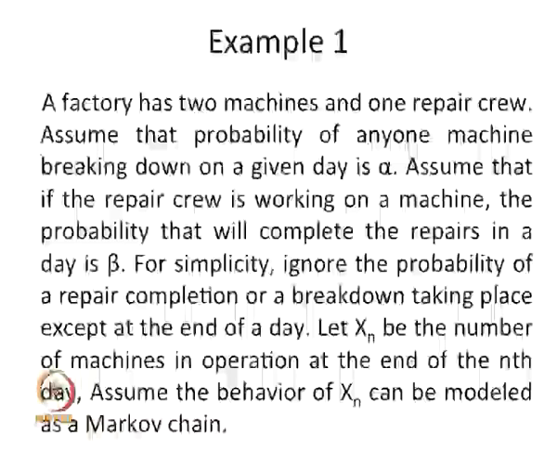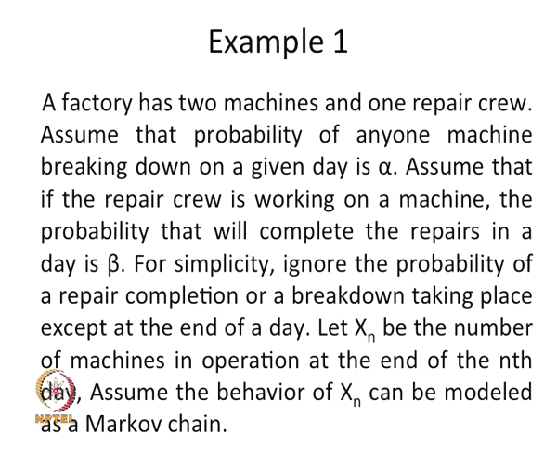For simplicity, ignore the probability of a repair completion or a breakdown taking place except at the end of a day. That means we observe the system at the end of the day, to see how many working machines are in the system.